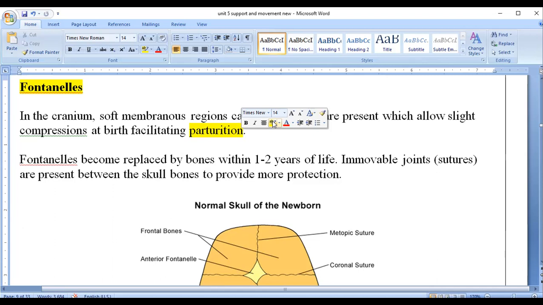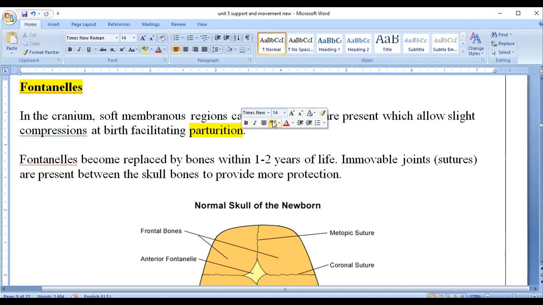Comparatively, sometimes it can be less than that, 3 centimeters also. Now the child's head is going to pass through the vagina. The mother, in the pain of labor, is pushing the child through the vaginal canal.